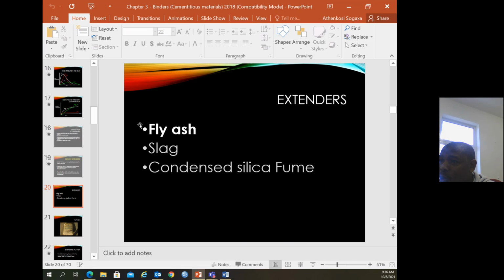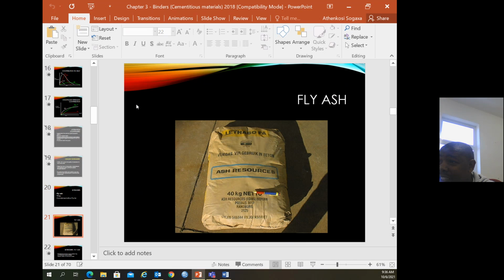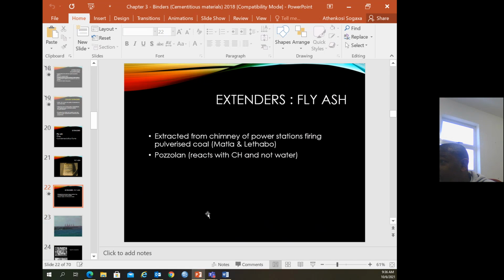It's very important that you understand these cement extenders. So now here is the fly ash, which is an ash resource. That's how it looks. And you have the fly ash.